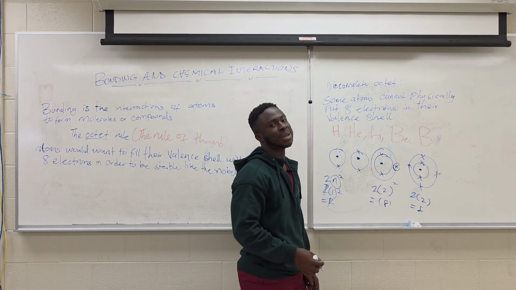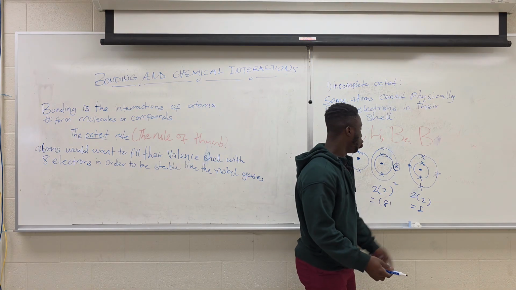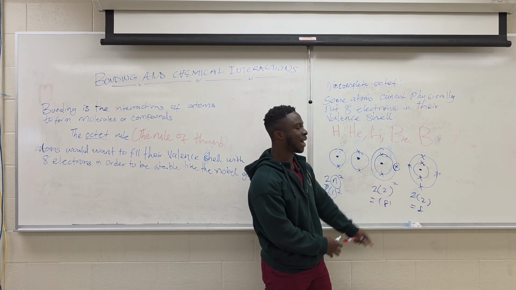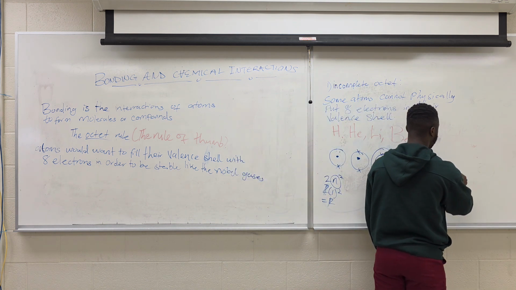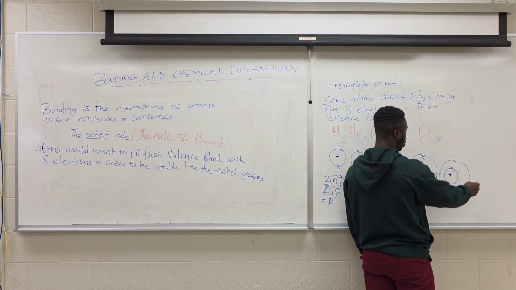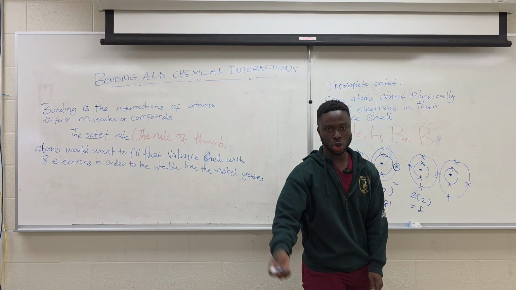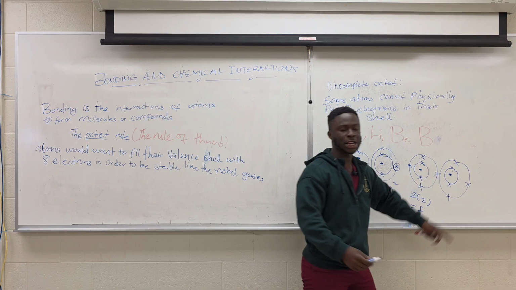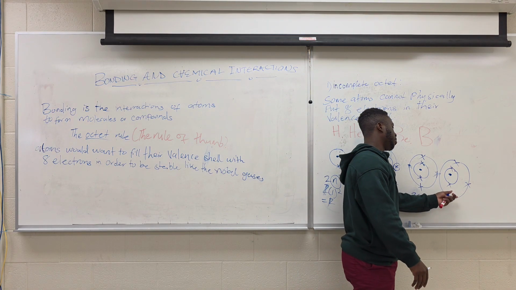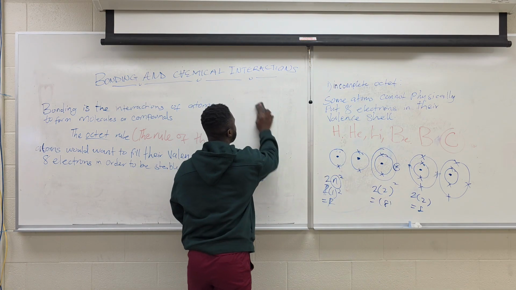But the reason why it doesn't hold the 8 electrons is because it is energetically favorable to lose these 2 electrons, to just give them away, than to go and get what? 6 other electrons. Boron is the same way, right? If you draw the structure of boron, it follows the same pattern, 1, 2, 3, like this, right? It is also favorable to lose these 3 electrons than to go and borrow 5 more electrons to make it what? 8.